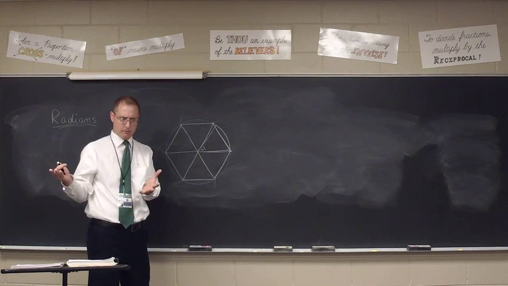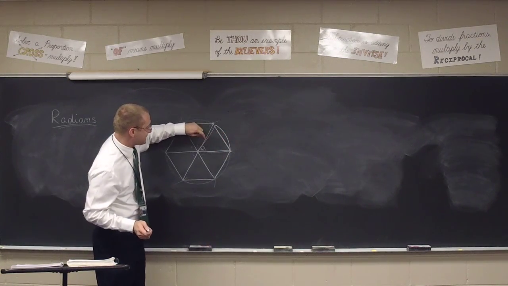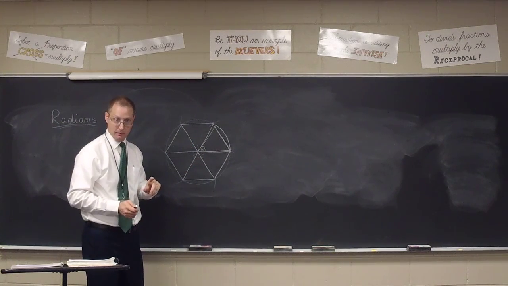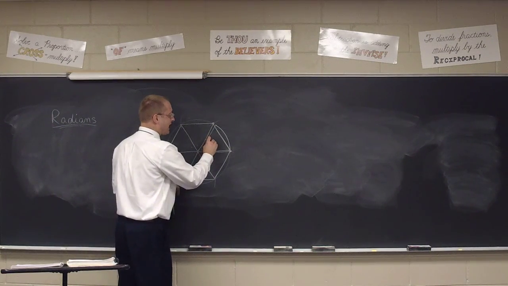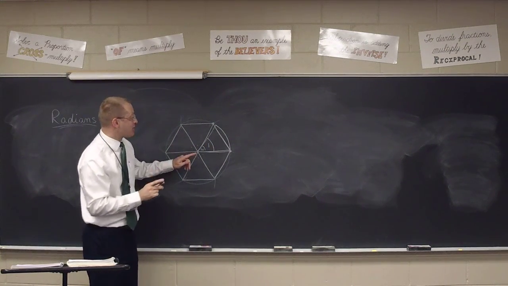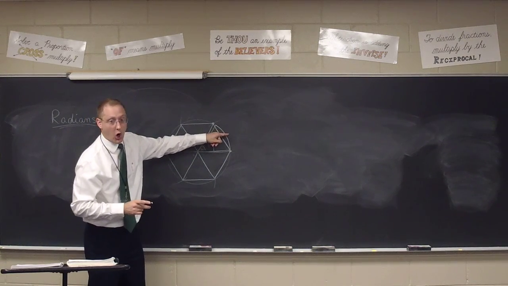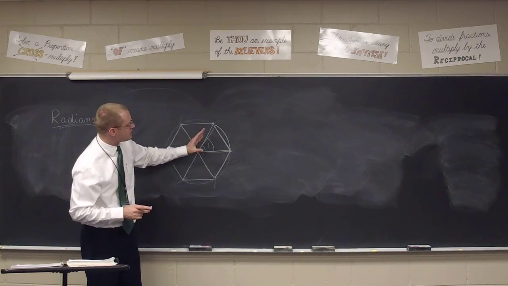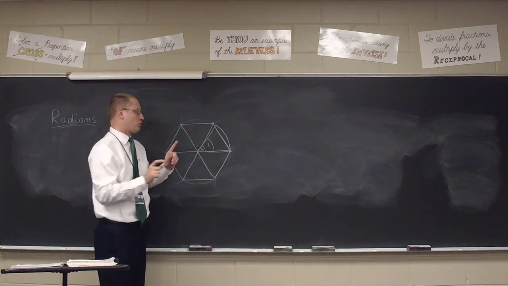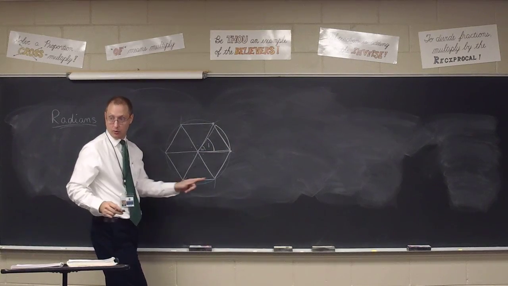Does that make sense? So what's interesting is, notice it takes exactly six 60s to get around, right? Well, if this right here is 1 radian, the measure of a central angle of a circle for which the intercepted arc is equal to a radius, since this is a little smaller, you realize it's going to take about 6 of these radians to go all the way around, right?